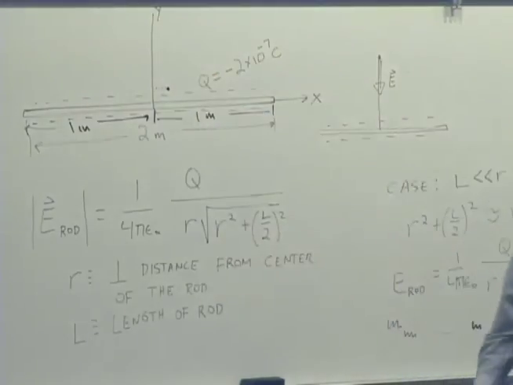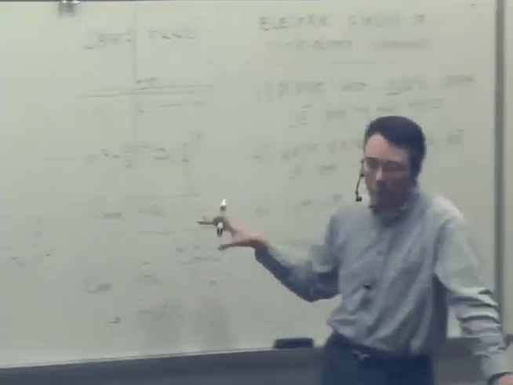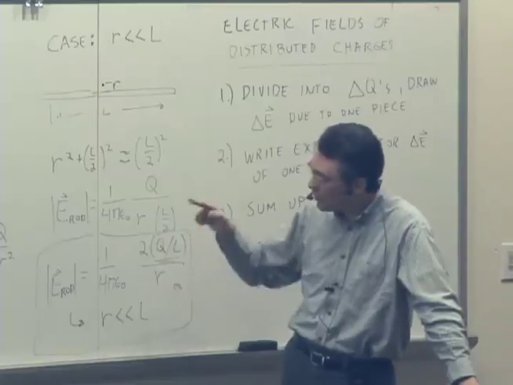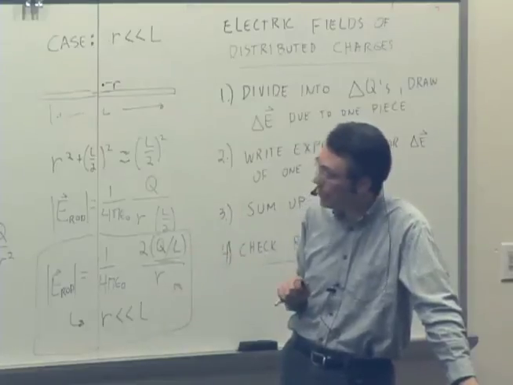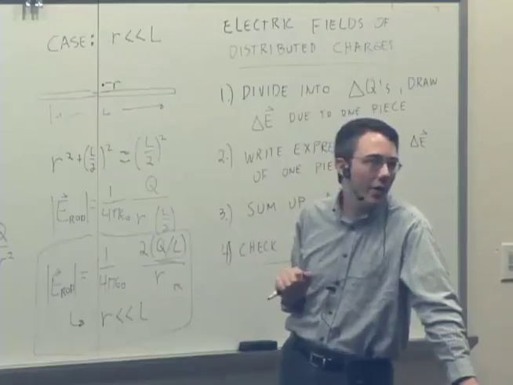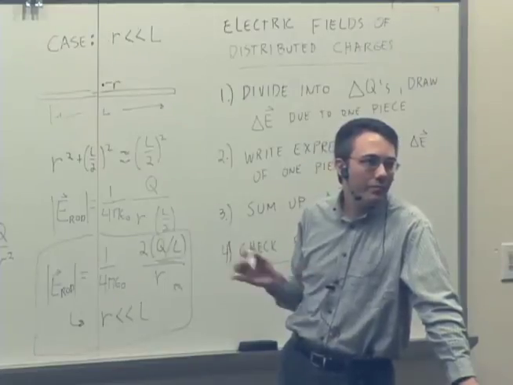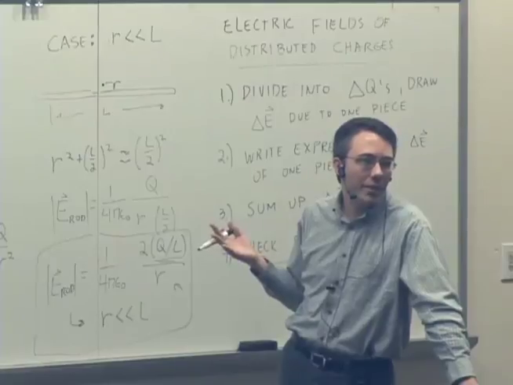Can we make the approximation in this case to just treat it like a thin rod? Our observation location is very close to the charge, and we're not too far off the axis. So this seems like a good place to make this approximation.